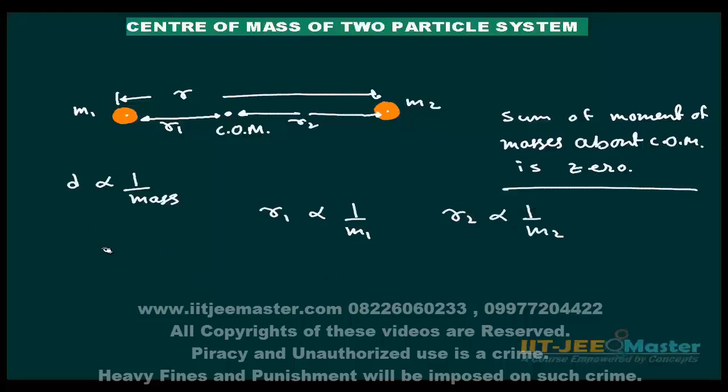In fact, we can say m1 r1 will be m2 r2. If we treat the proportionality as a constant, then m1 r1 is equal to m2 r2. With the definition of moments we also write the same equation, m1g r1 equals m2g r2, but you can write this only if you have studied class 12th.